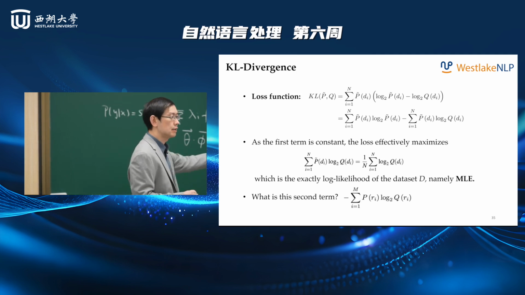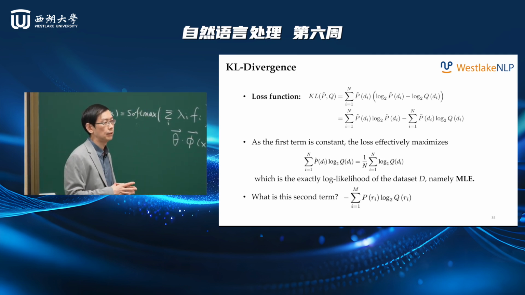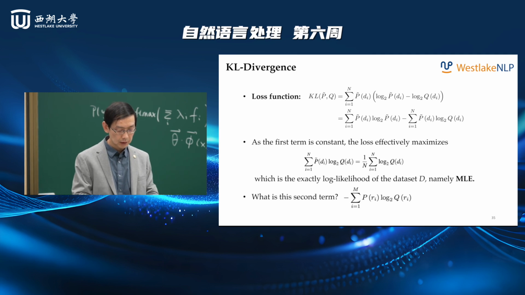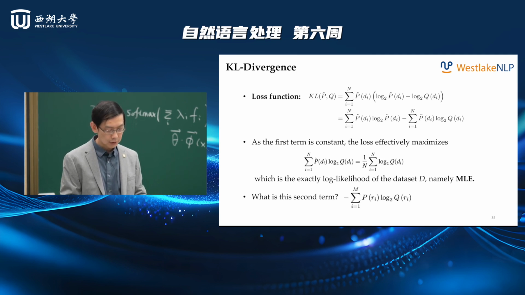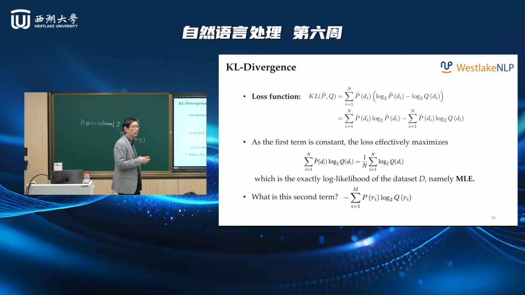But what is this second term? This second term looks like an entropy, okay? But this entropy uses a probability distribution P to average log 2 of Q. What does it intuitively tell us? It tells us, let us use the distribution Q to encode my message.